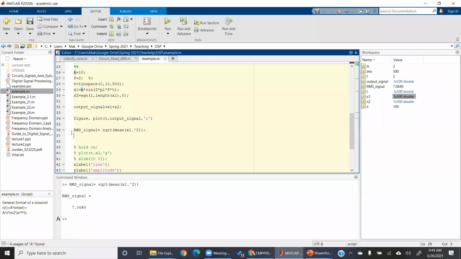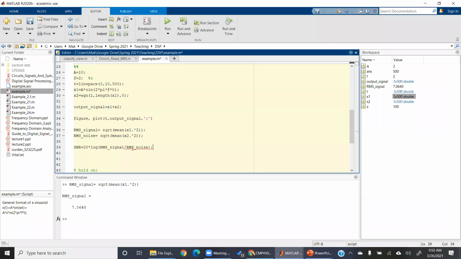But let's go on. So I'm going to just copy this. So this is RMS of the noise. So it will be this time x2. Okay. And then I can calculate SNR as, remember, it's 20 times log of RMS value of the signal divided by RMS value of the noise.